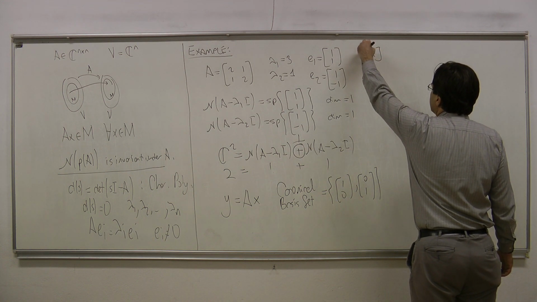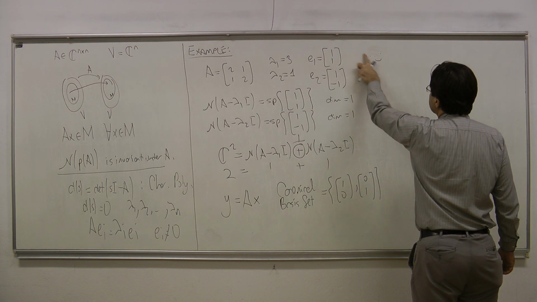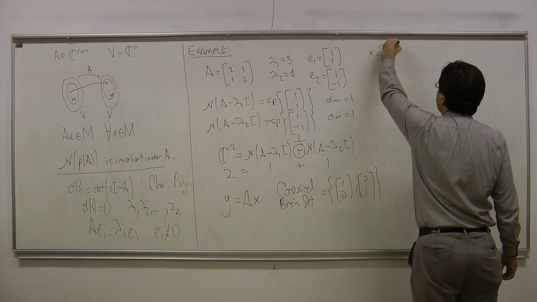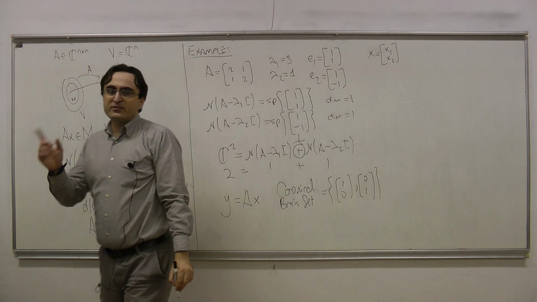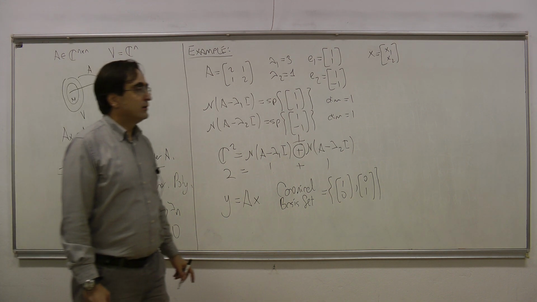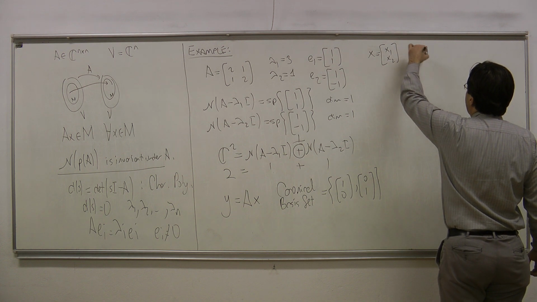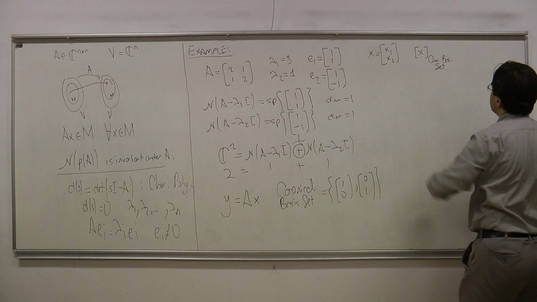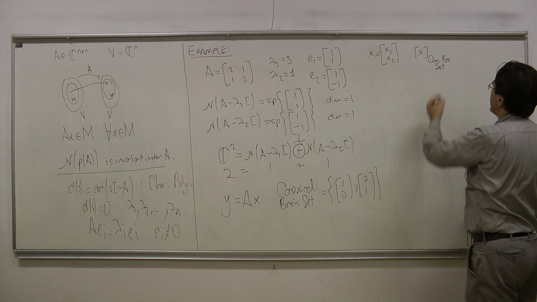So suppose that I look at a vector x, and let us say that this vector x is composed of elements x1 and x2. Such a vector is always equal to its representation with respect to the canonical basis set. Okay? What do I mean? What is the representation of X with respect to the canonical basis set?